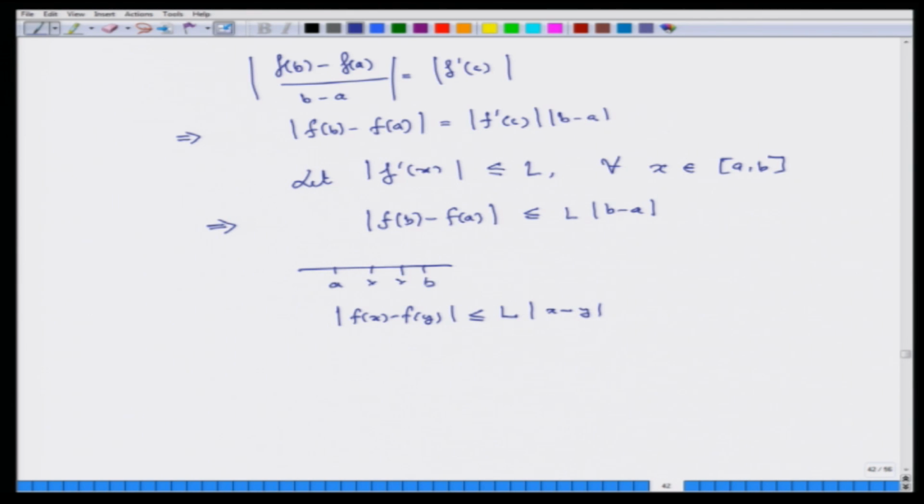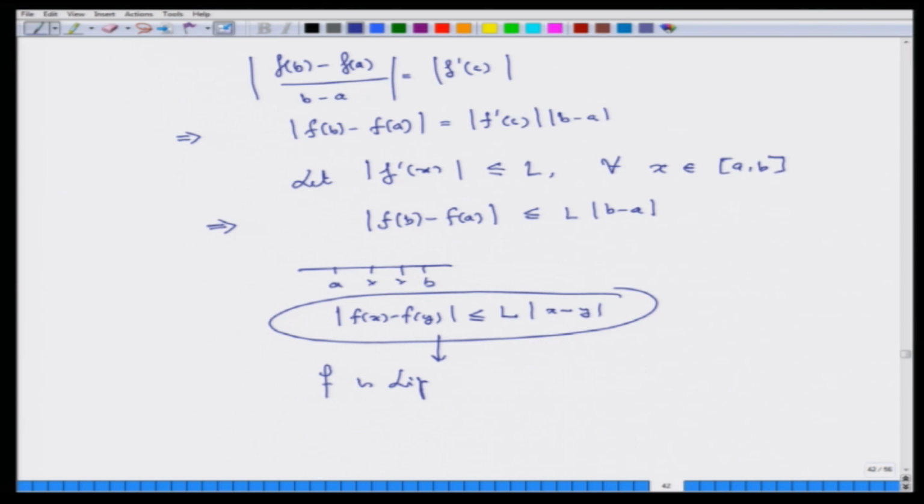So, this property is called the Lipschitz property. We say that f is Lipschitz, and this is a very important property in many aspects of mathematics and engineering sciences, economics and all those things. So, f is Lipschitz over a b with Lipschitz constant L.